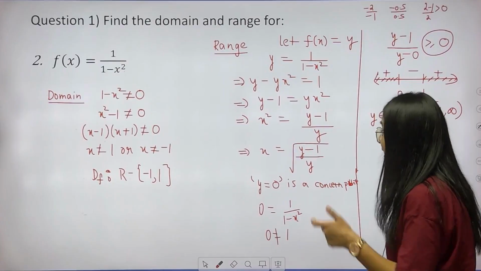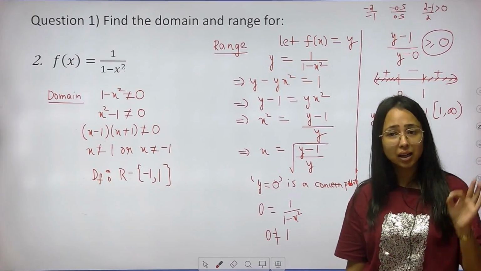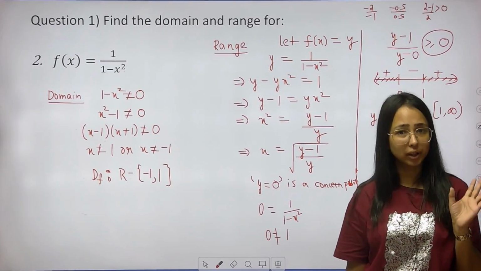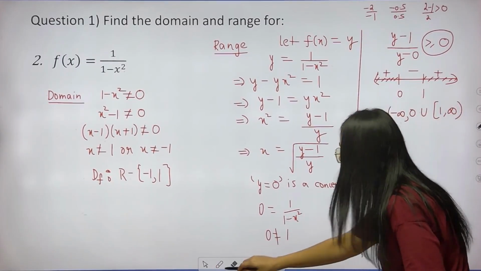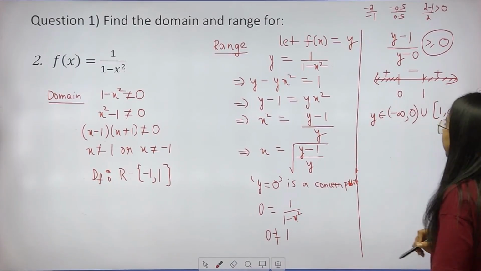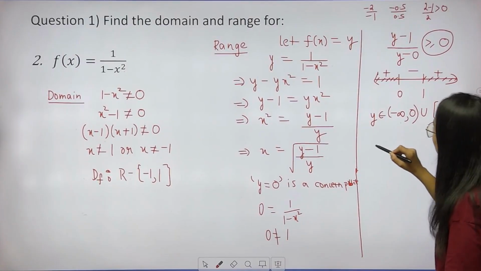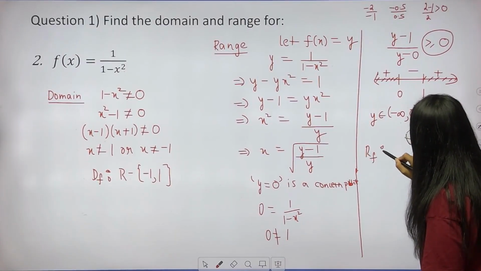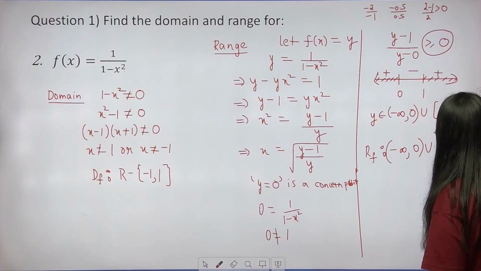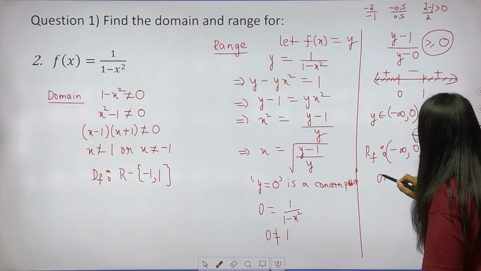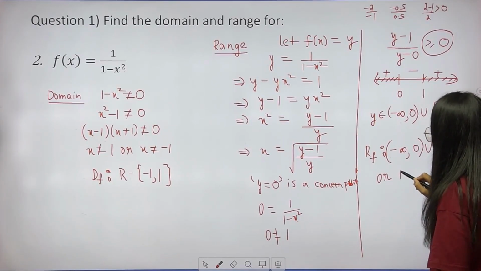So this means that y equal to 0 is actually a concern point. So here we cannot include 0. We need to exclude it. Okay. So your range becomes minus infinity to 0 union 1 to infinity, or we can also write it as range.